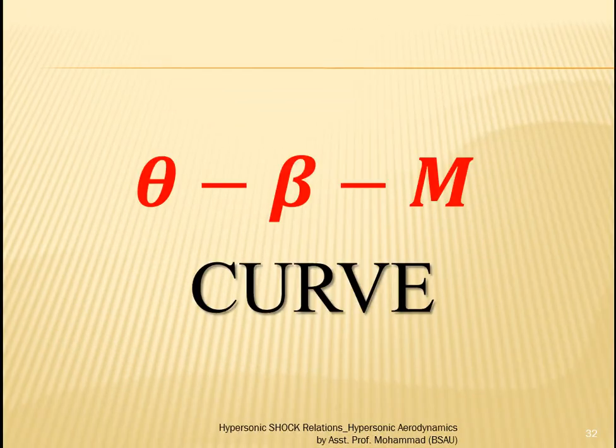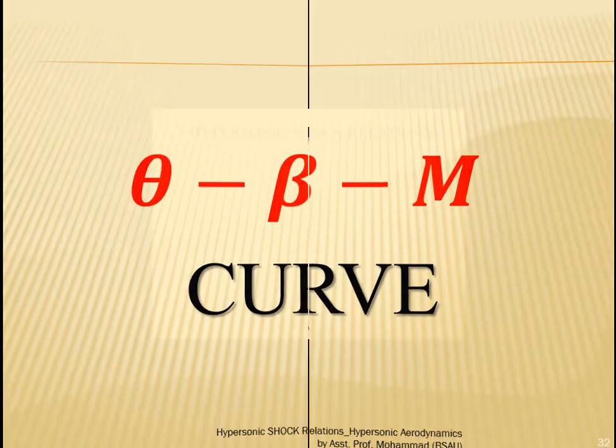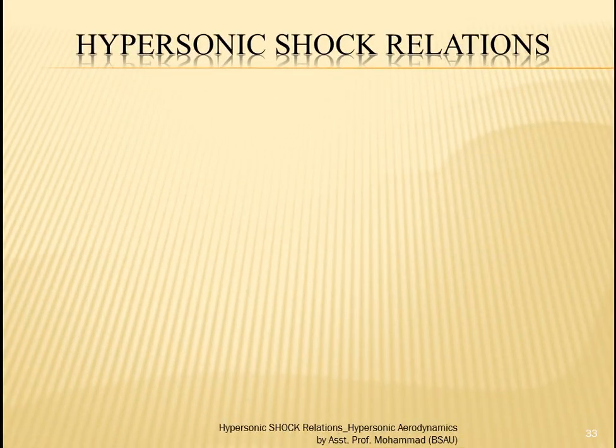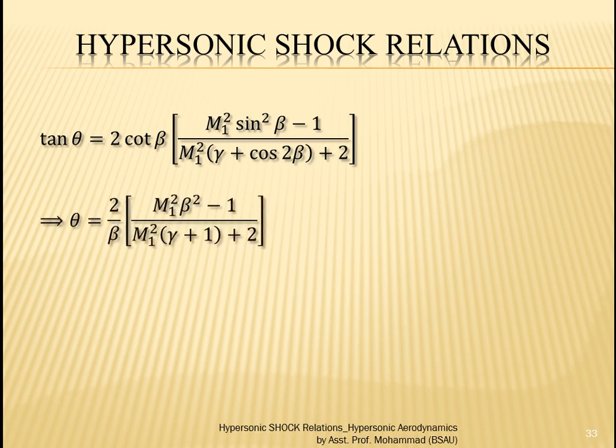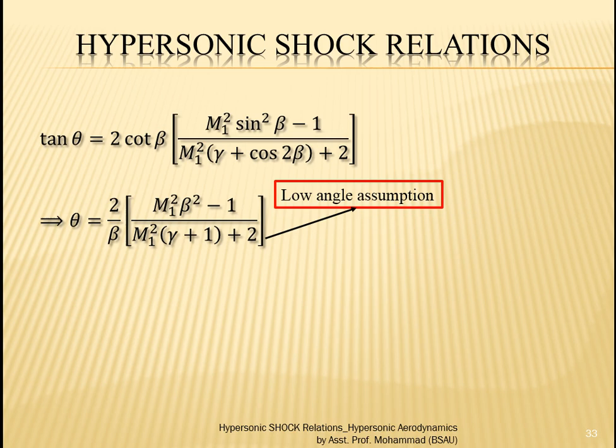Now let us treat this for the theta-beta-M curve and see how it goes ahead. Again, this is the theta-beta-M relation, which is the exact relation, and no assumption has been made till now. Now we make a small angle assumption, and then the trigonometric relations of beta vanish, and cot beta, sin beta and cos beta all give their corresponding values for the low angle assumption.